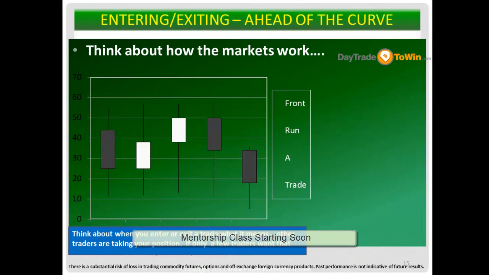Think about how the market works. If you see in this graph here, the price is definitely trying to go higher. It's just missing the mark here at 60. If you're long on this trade and you have a target at 60, how many times does the market have to attempt to get to 60 before it fails?